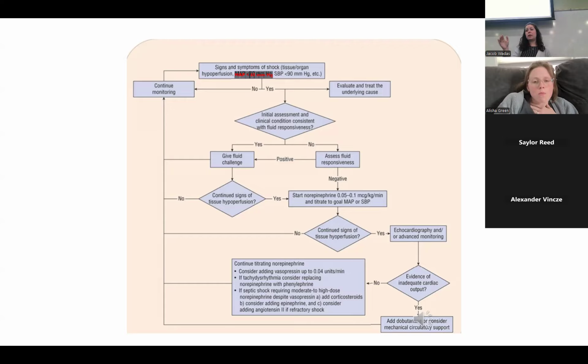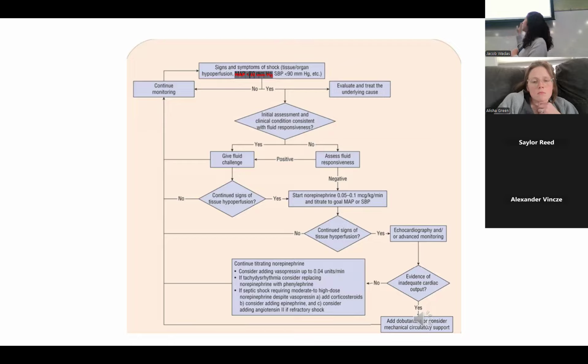Vasopressors are great, they work, but we try this first, especially for any type of hypovolemic shock. Maybe this is all that patient needs. So try the fluids first. Then in this second line, if they aren't responding to that, we can consider our vasopressor.